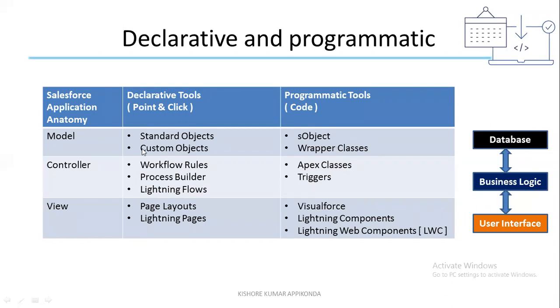Coming under model, for declarative purposes, Salesforce stores all the data by using objects. By default, Salesforce provides two different kinds of objects, standard objects and custom objects. But programmatically, each and every complex or validation logic we cannot directly achieve through a formula field or roll-up summary or anything.